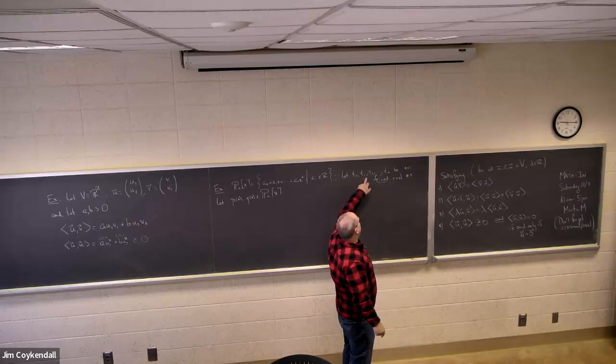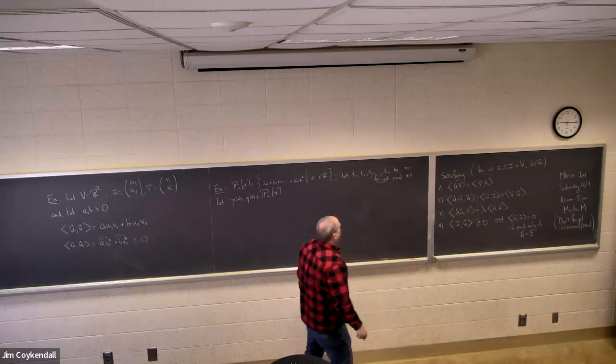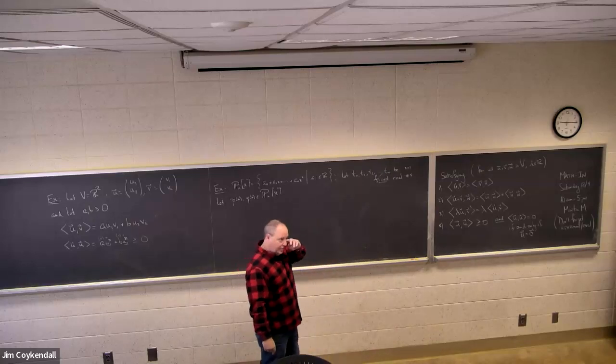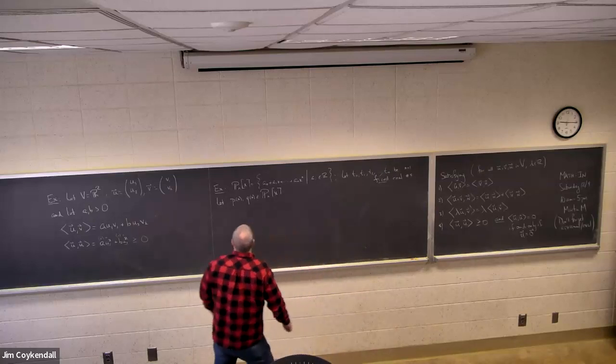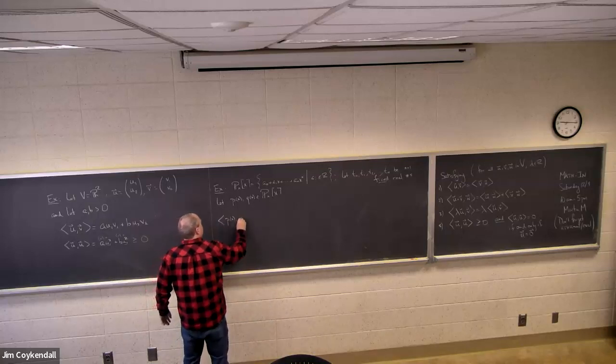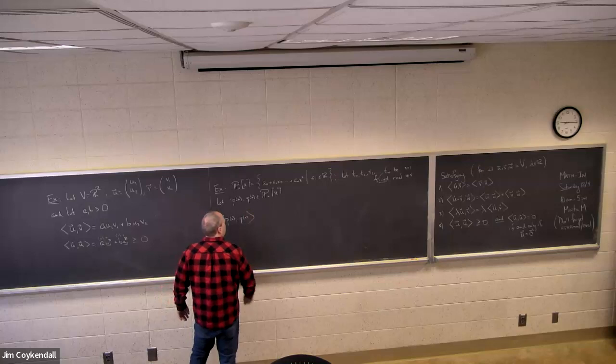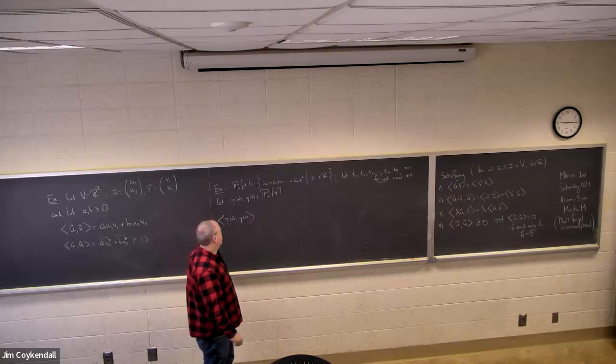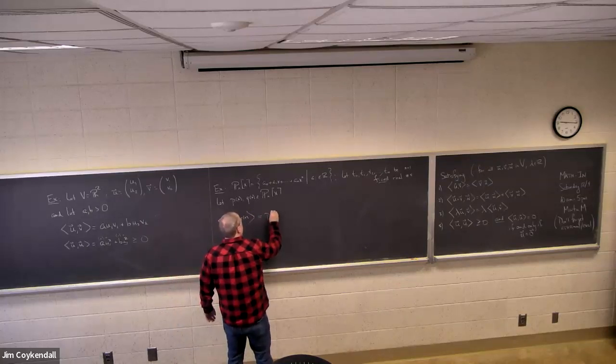Let T0, T1, all the way up to Tn be n plus 1 fixed real numbers. So I'm going to define the inner product of P(x), Q(x) to be this.